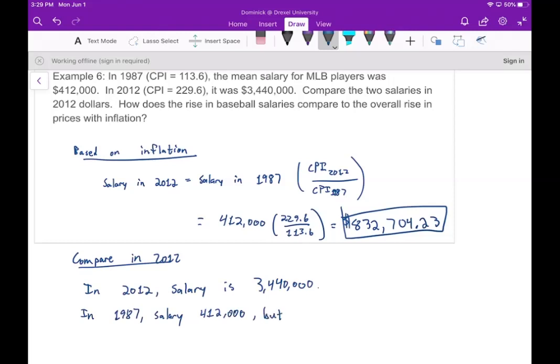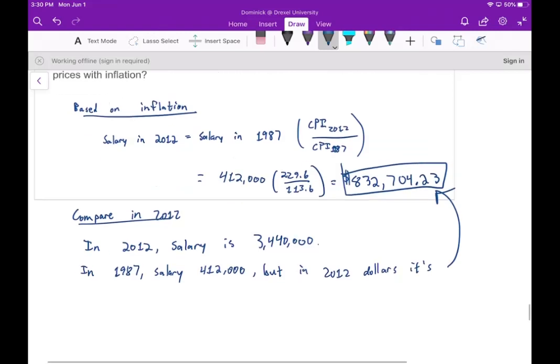But in 2012 dollars, it's this number, 832,704. So you can see that the salaries blew up much quicker than the rate of inflation, right? It made it all the way to 3 million, when if it was just according to inflation, it would have been 832,704.